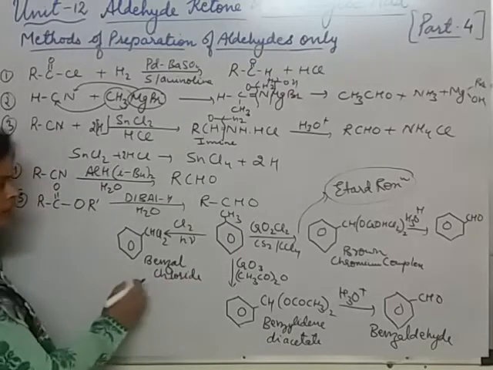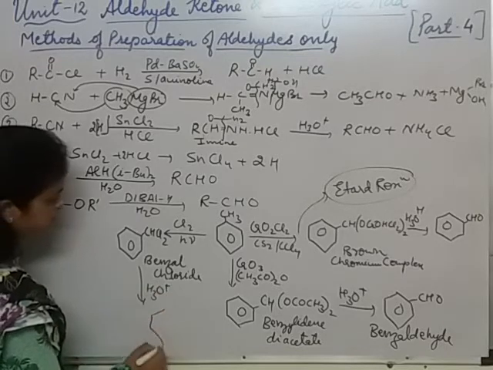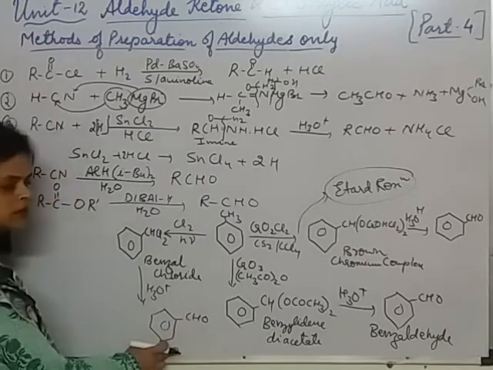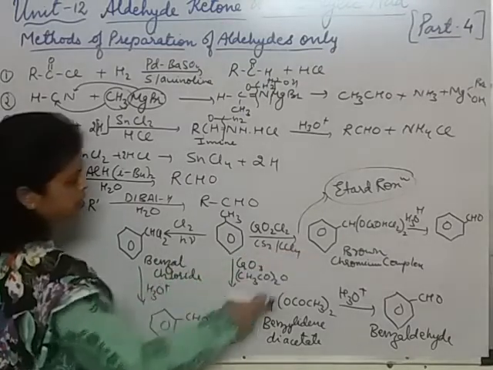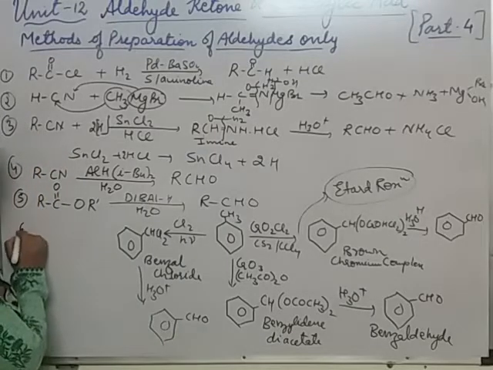Now this also, on hydrolysis, will give us the benzaldehyde, CHO. So here toluene, by 3 methods, has been converted into benzaldehyde.